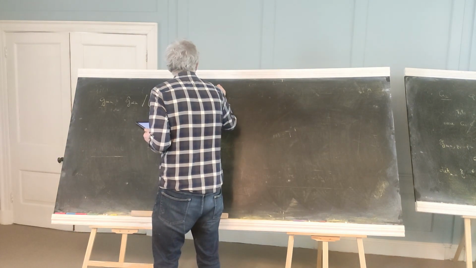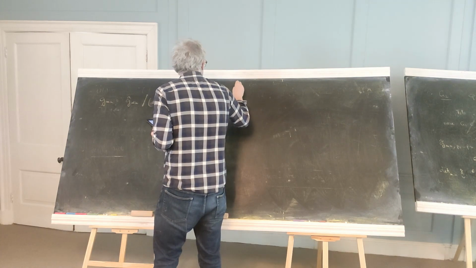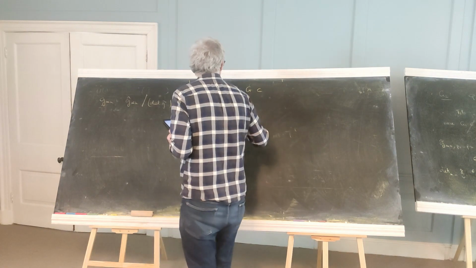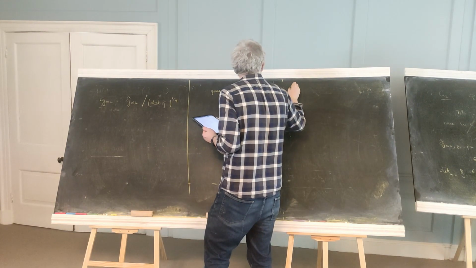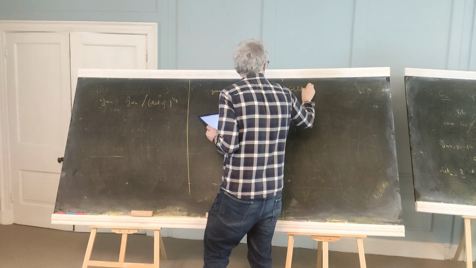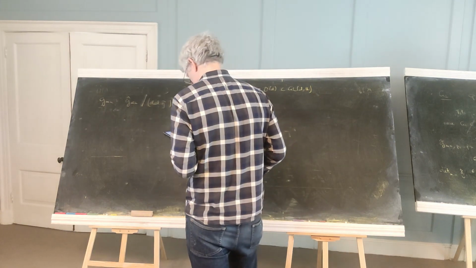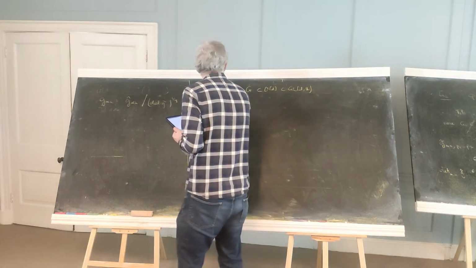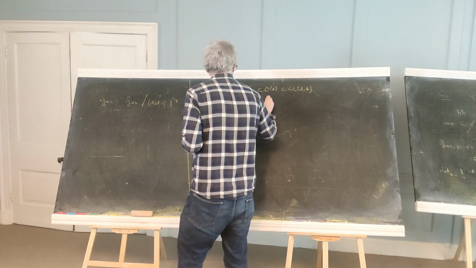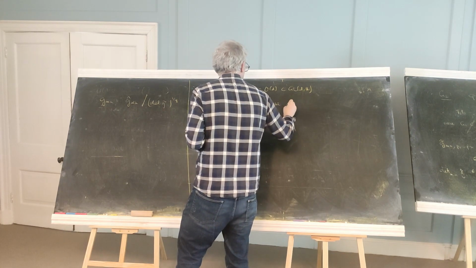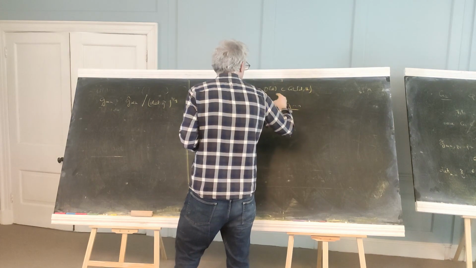Generally, if G is a subgroup of OD inside GLDR, right? Then P defines a metric, G, because of this.